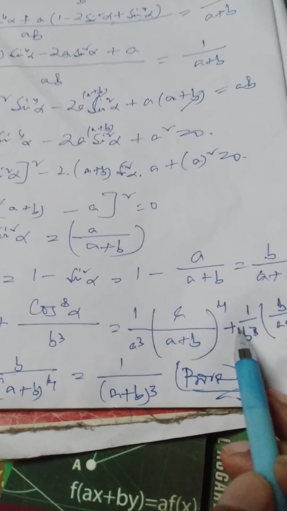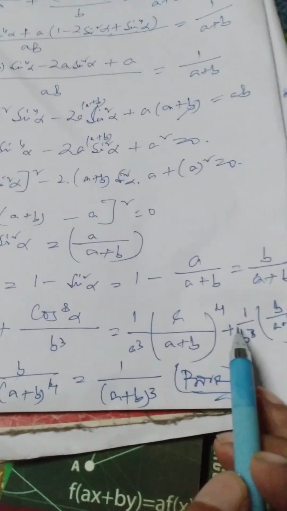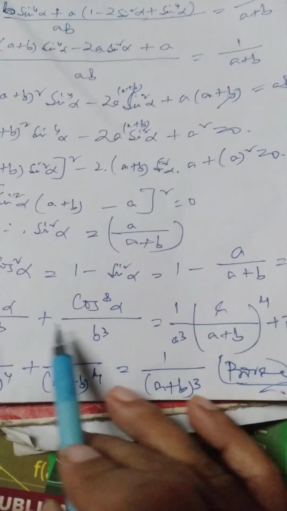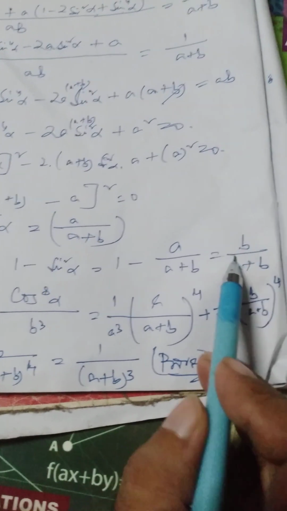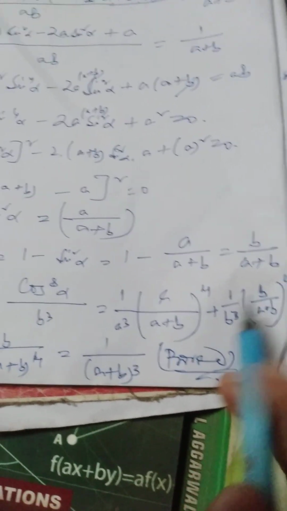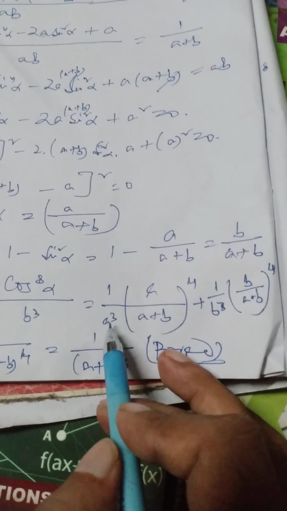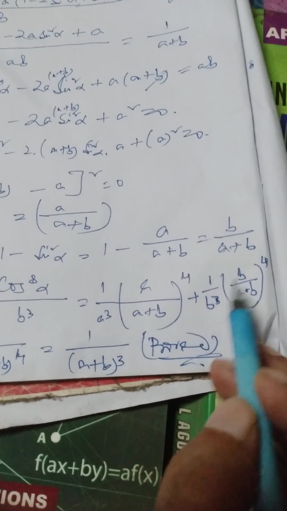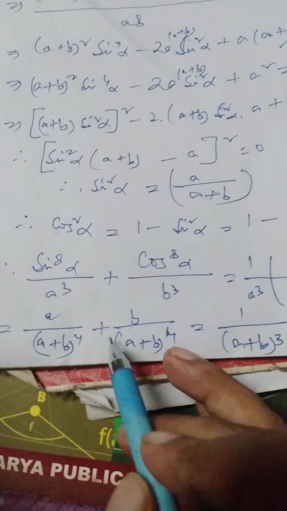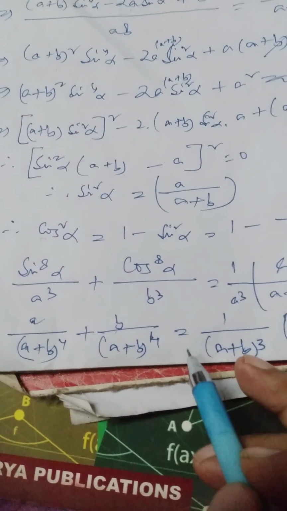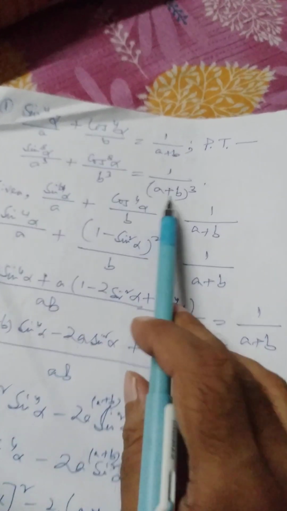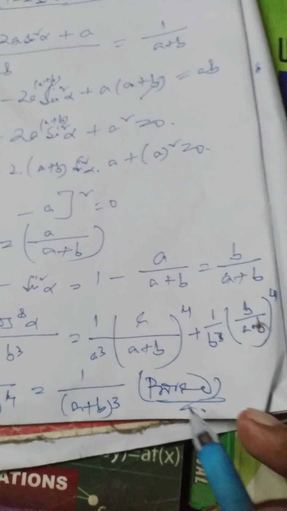Similarly, plus 1/b³ into (b/(a+b))⁴ from cos²α, which is b/(a+b). Cancelling a³ and a³, the remaining part is a/(a+b)⁴ plus b/(a+b)⁴, which equals 1/(a+b)³, as we have to prove. Here it is proved.